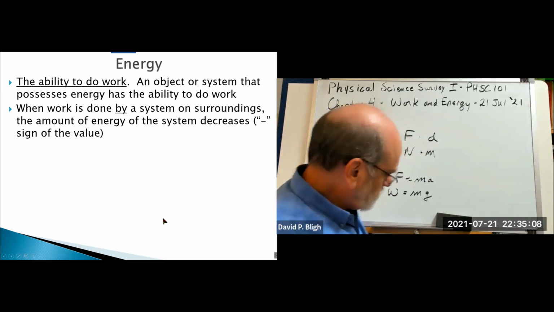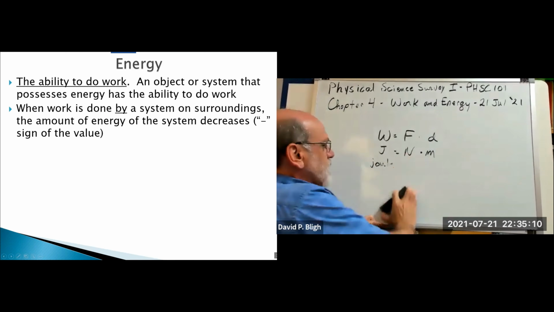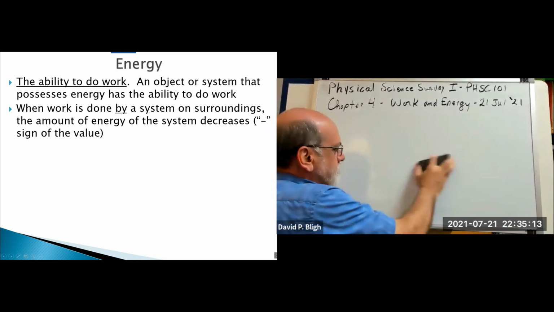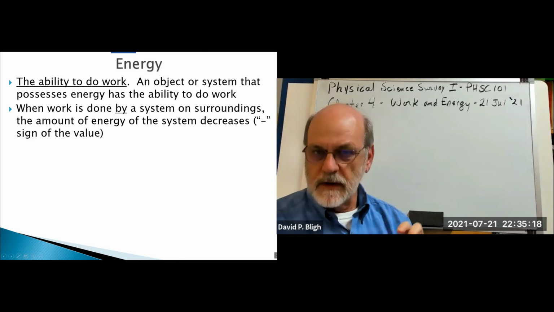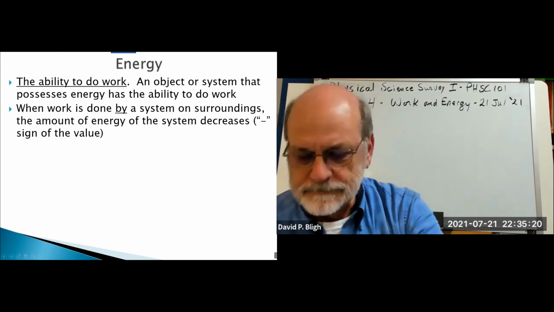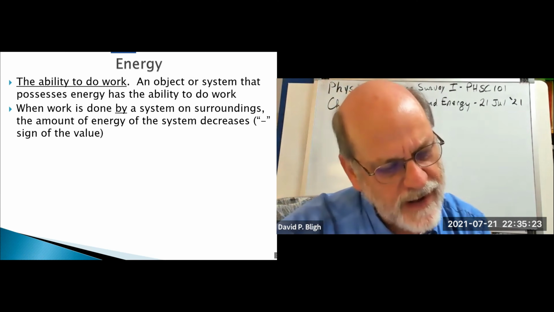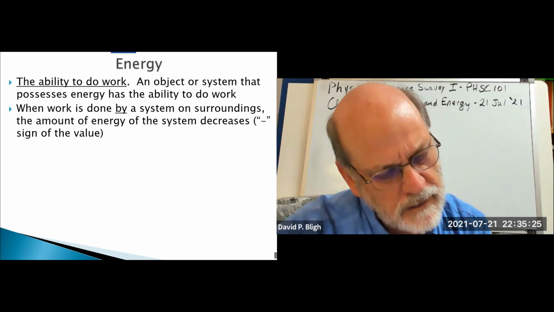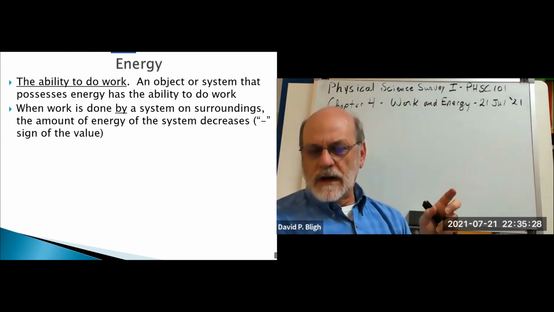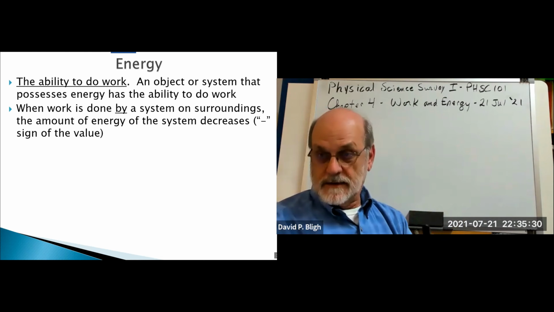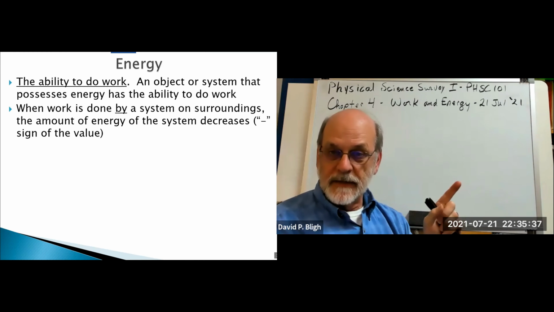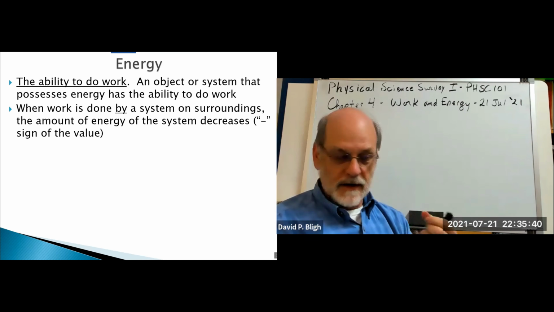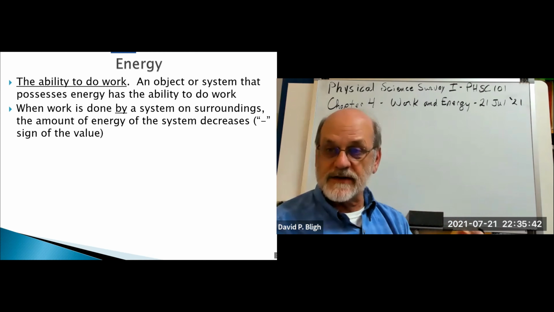Now, we have to square away. If we're going to do calculations involving work and energy, we need to clarify the movements of work and energy. In other words, this is in terms of the system. Remember last chapter, I gave you a little diagram where we had open system, closed system, isolated system.